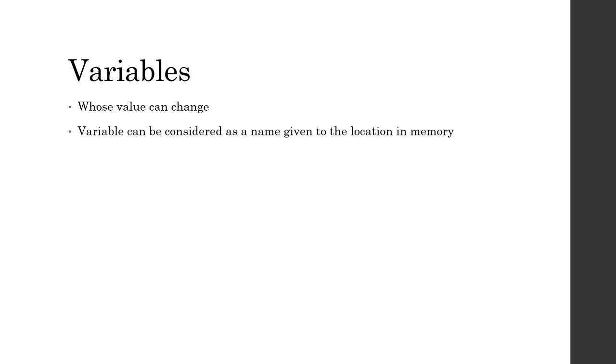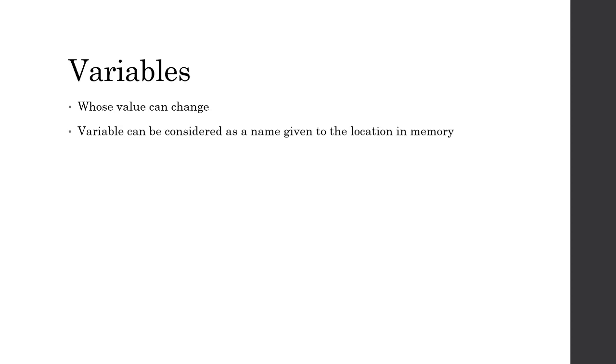Second concept is the variables. So as again the name indicates, variable means something that is changing. So variables are the things whose value can change. So variable can be considered in the C as a name given to the location in the memory.